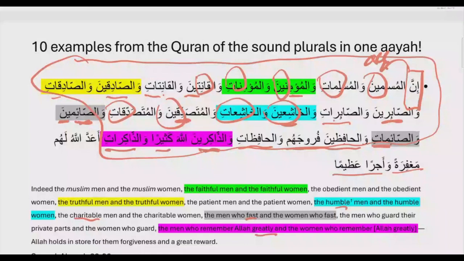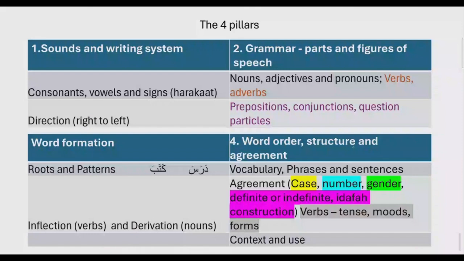Okay, so I think we'll end at that point for today. So just to revise what we've covered today, we've done the dual as well as the sound masculine plural, the sound feminine plural. Right?